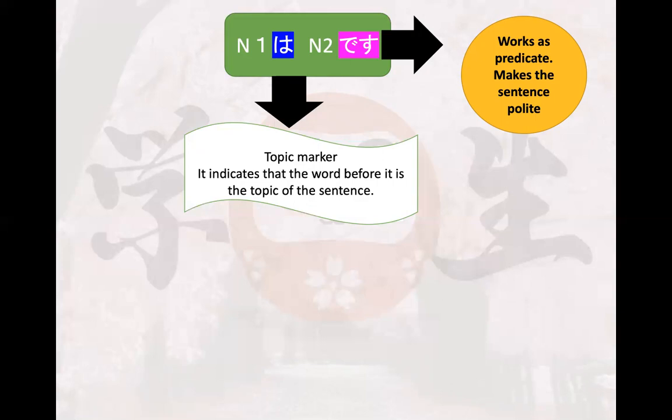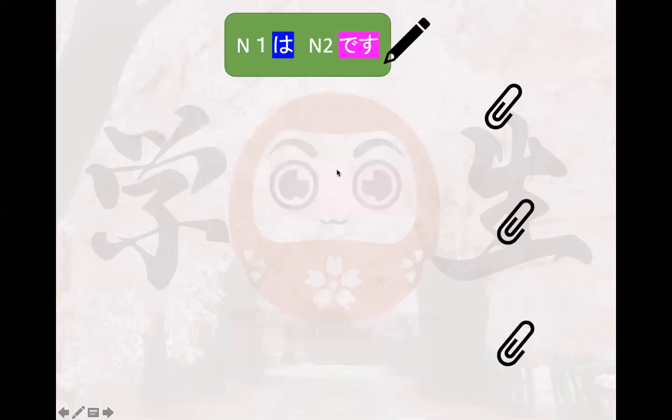And it appears normally at the last part of the sentence because it works as the predicate of the sentence. At the same time, you make your sentence polite if you put the desu, no, at the end of that sentence. So madali lang siyang tandaan. Wa is a topic marker and desu serves as our predicate. Now, I'm going to give you a noun 1 wa, noun 2 desu.